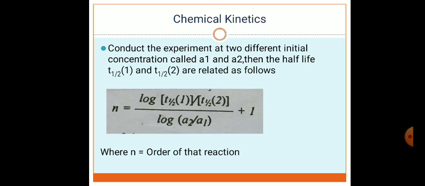Now n can be derived by plotting a graph of A versus time for the two different initial concentrations, then calculating the half-life value directly from the graph by reading the time required for half of A1 and half of A2. Substitute the values of A1 and A2 and the corresponding half-lives in the equation and calculate n, that is the order of reaction.